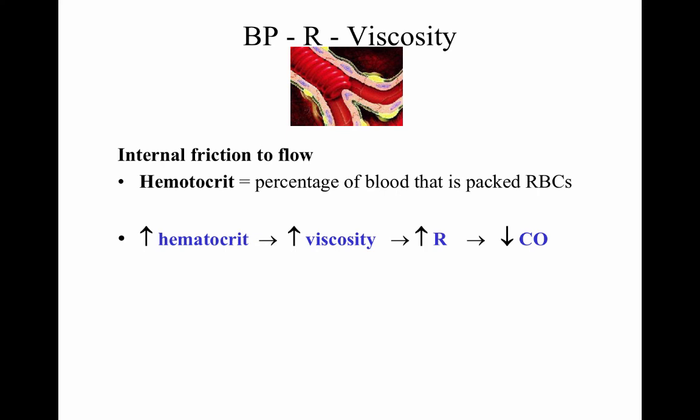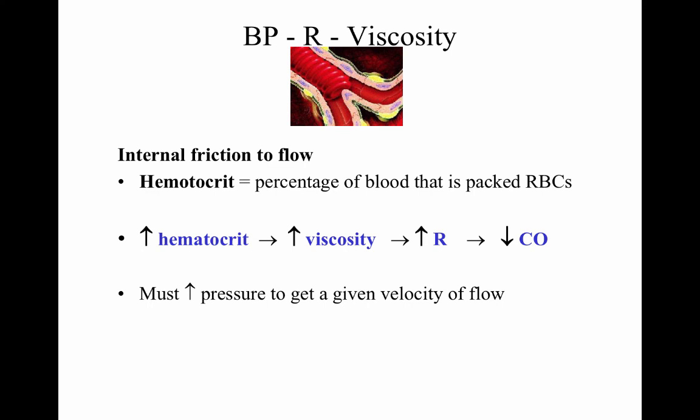So thinking about why too many or too few red blood cells could impact hematocrit and then viscosity, resistance, and cardiac output, there's a direct correlation that if we fall out of homeostasis in relation to the creation of our red blood cells, we could be in trouble.